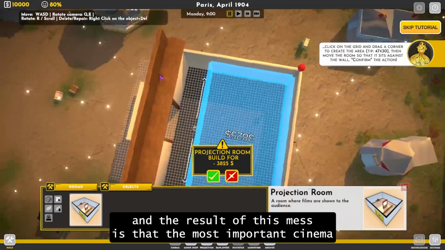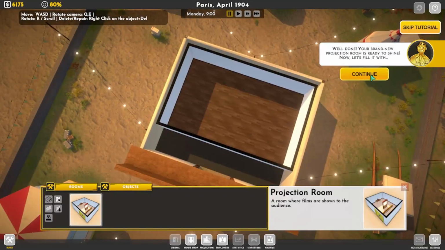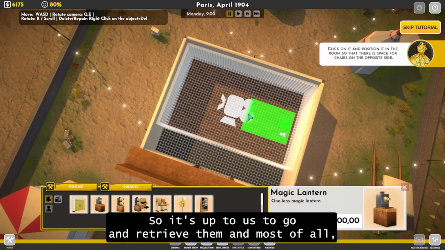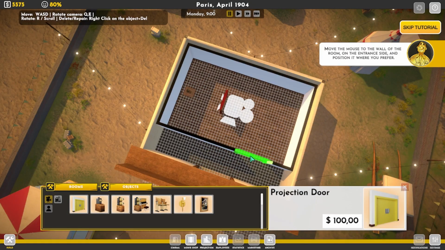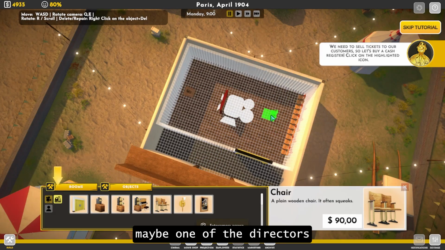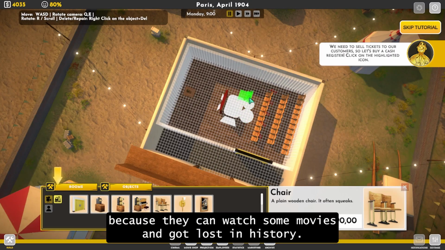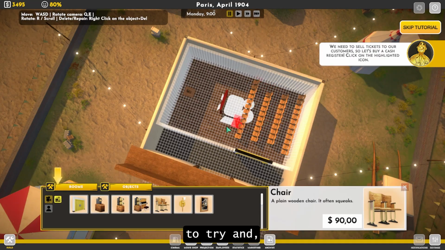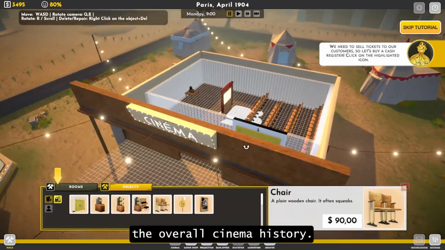The result of this mess is that the most important cinema directors and professionals have been displaced in the wrong era. So it's up to us to go and retrieve them, and most of all, to convince them to go back home. Because, as you could imagine, maybe one of the directors doesn't really want to go home because they're excited that they can watch some movies that got lost in history. So we have to play our quests to try and save the overall cinema history.